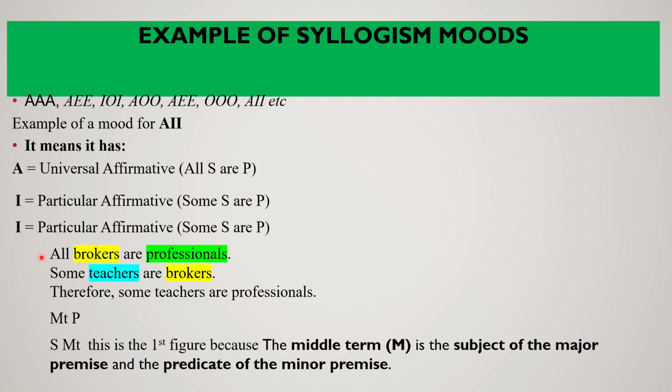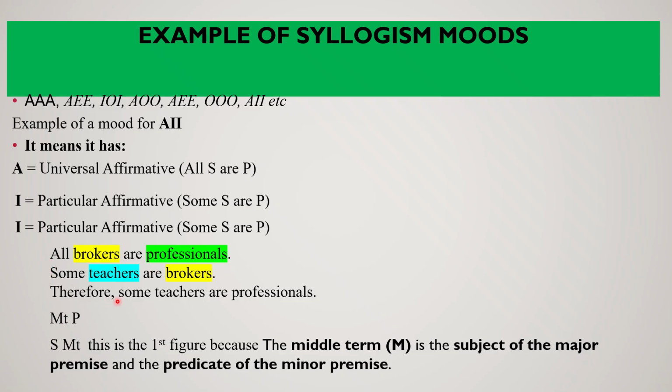The first A shows that it is a proposition that is a universal affirmative. For example, you can write: all brokers are professionals. Secondly, you write a particular affirmative of some SRP. You say some teachers, now you are specific: some teachers are brokers.